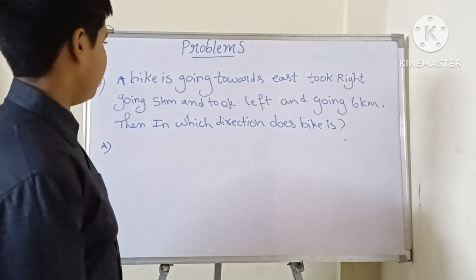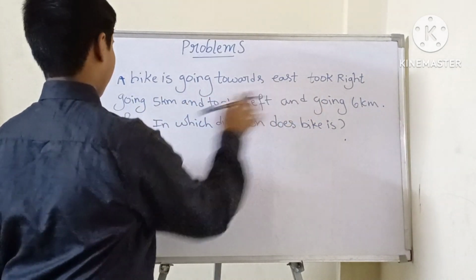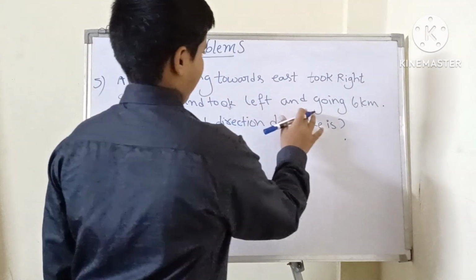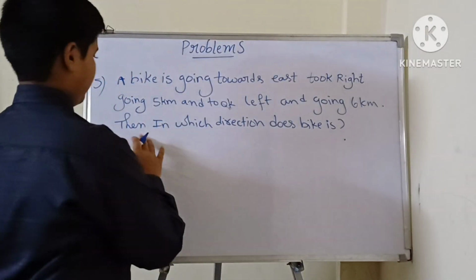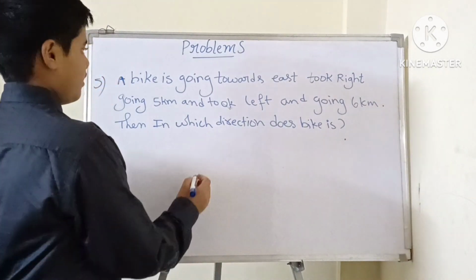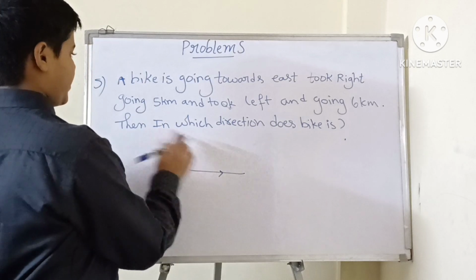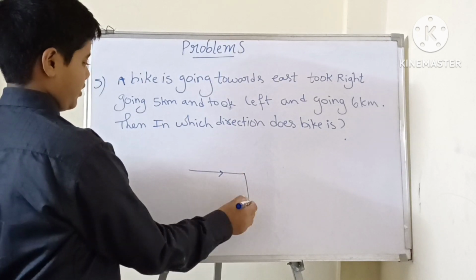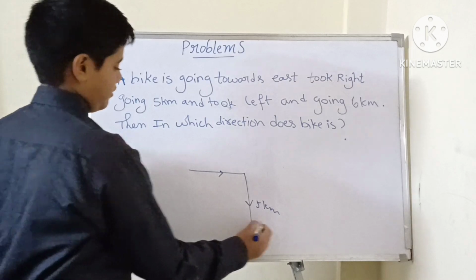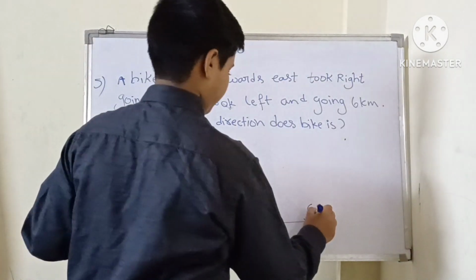And the fifth question. A bike is going towards east, took a right and went 5 kilometers, and it took a left and went 6 kilometers. Then in which direction is the bike moving? I am taking the bike moving like this towards east, and it took a right, which means like this 5 kilometers, and took a left like this 6 kilometers.